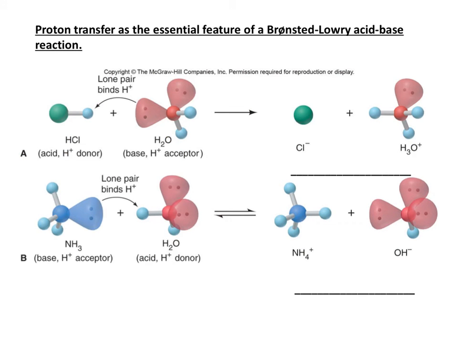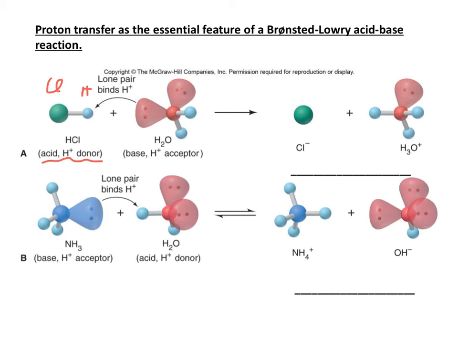All right, and this is actually a picture of what happens on a molecular level. You can actually see the orbitals in this case and what's happening. So in this case we have HCl, which is a strong acid, and so this is your chlorine, and this is your hydrogen, and it's reacting with water. We know from all of our studies that water has two lone pairs of electrons.